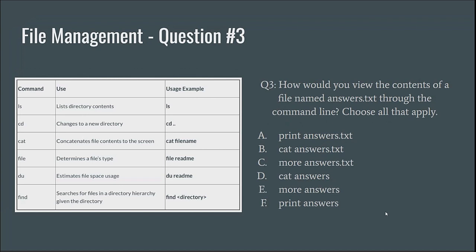So Chris, you can click for me. Yep, we got cat answers.txt. Cat is editing, so if you just do cat and then a text file, it'll open it up in your terminal and you can edit it and also view it.